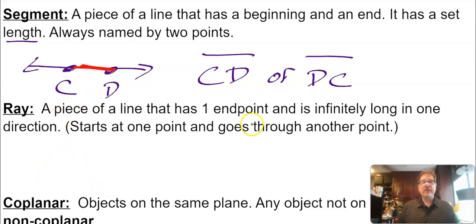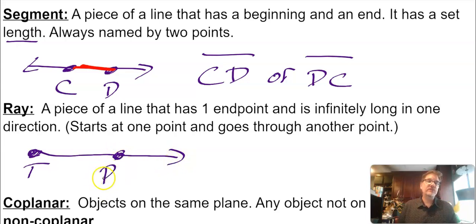A ray is a piece of a line that has 1 endpoint and is infinitely long in one direction. So let's give it an endpoint. Let's call this T. A ray is going to go forever in another direction. So we would call this ray TR.